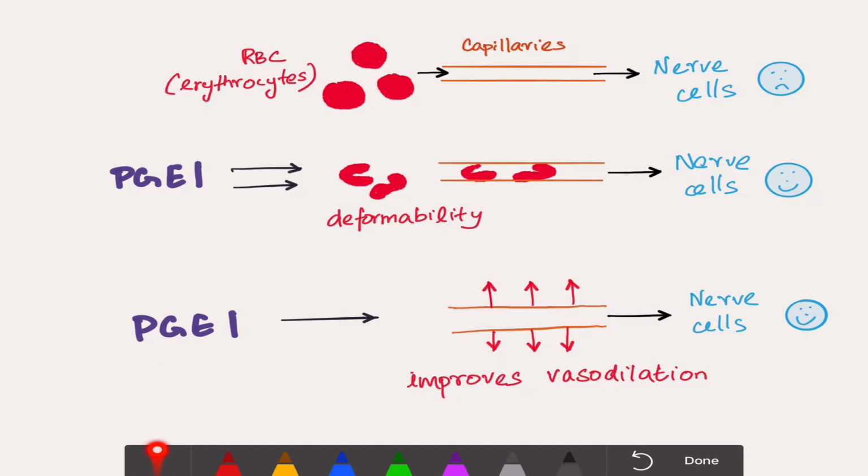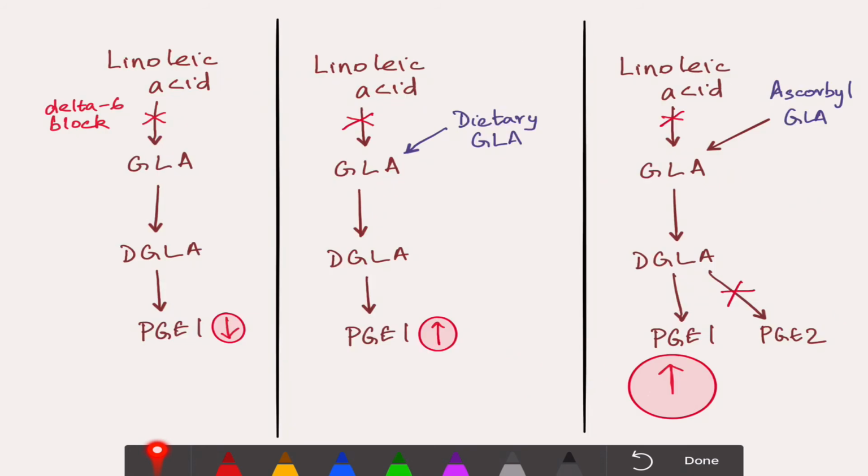So this is why the best treatment for diabetic neuropathy, and to restore the blood supply in these capillaries, is to restore the PGE1 levels using the GLA metabolic pathway. So this is the GLA metabolic pathway. As you know, we have seen this in the previous folder also: linoleic acid becomes GLA, GLA becomes DGLA, and DGLA produces PGE1.